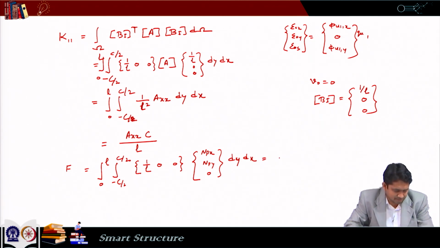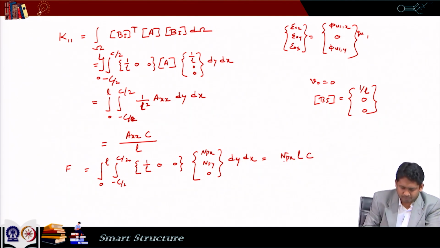And this expression after the integration, from 0 to L, comes to be NPX into L into C. Now, there is only one component, so we can call it F 1.